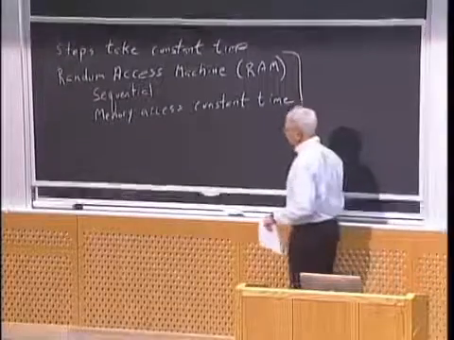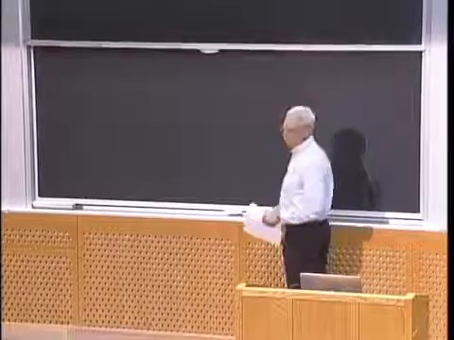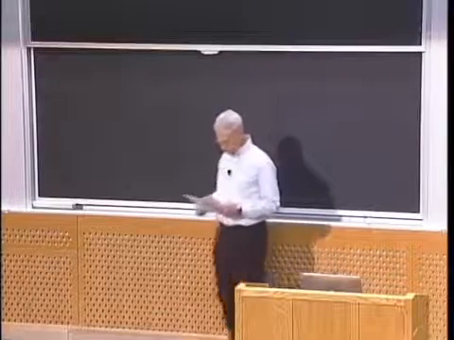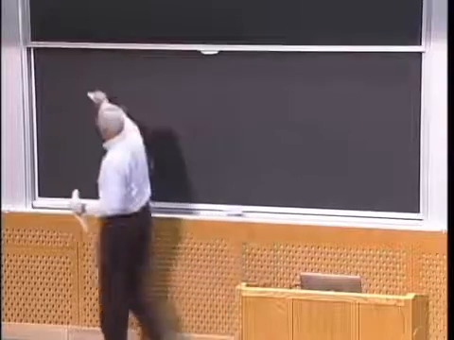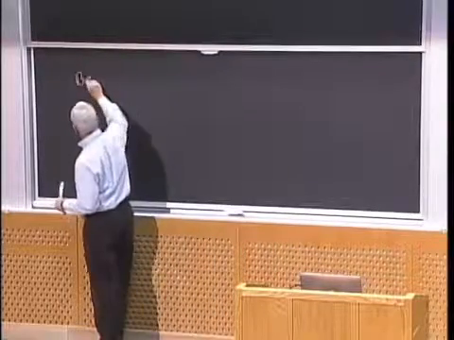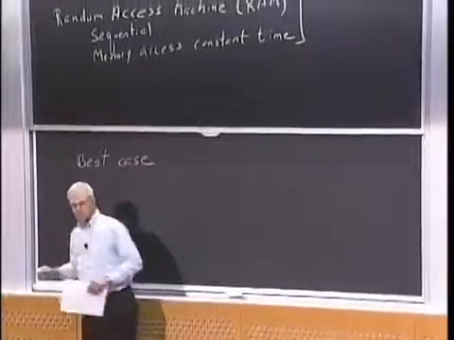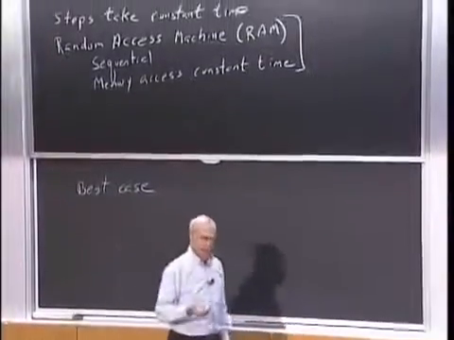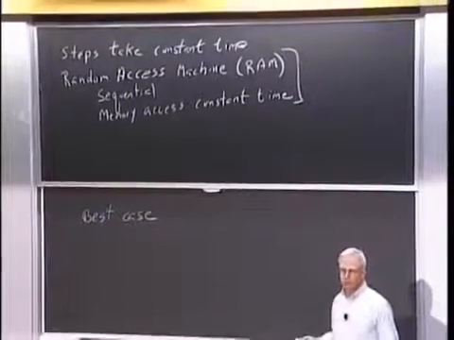Now, when we think about how long an algorithm will take to run, there are several different ways we could look at it. We could think of the best case, and as we think about these things, as a concrete example, we can think about linear search.